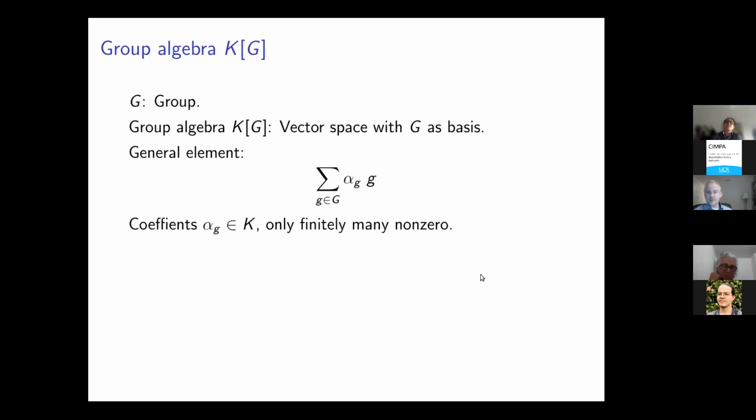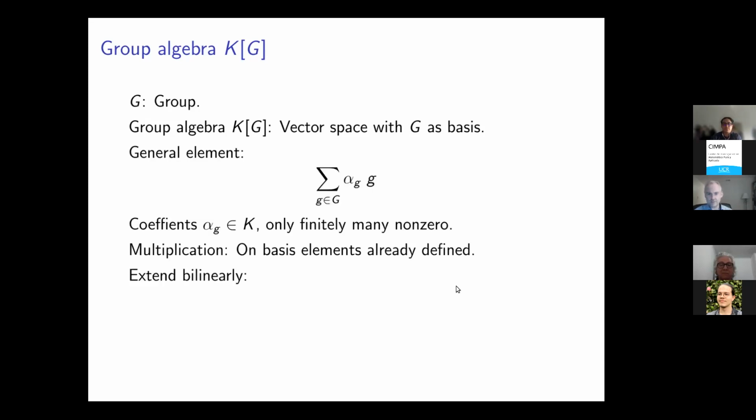This is the structure as a vector space, but we want to turn this into an algebra, as the name suggests. Now, in this situation, you know already how to multiply basis elements, because you know how to multiply two group elements, and they are the basis elements of this algebra. And now we just extend this multiplication bilinearly.